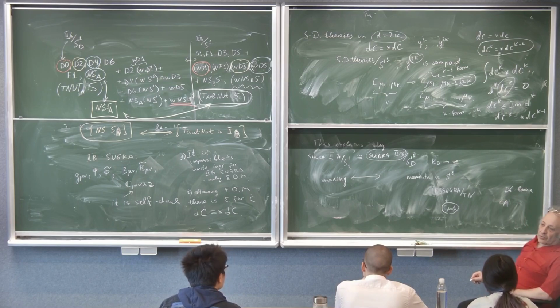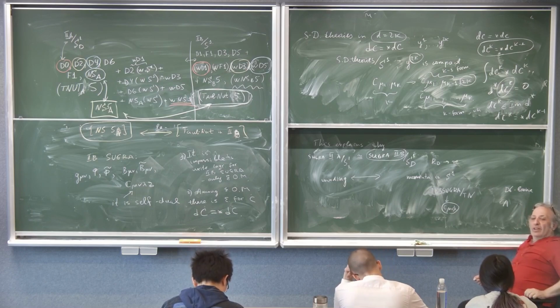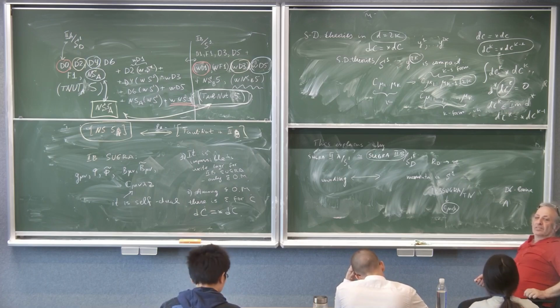So what did I do? I made a confirmation of an axiom. I had some axiom that the action on a D brane is supermaximal. And now I have these dualities. I can check this axiom.